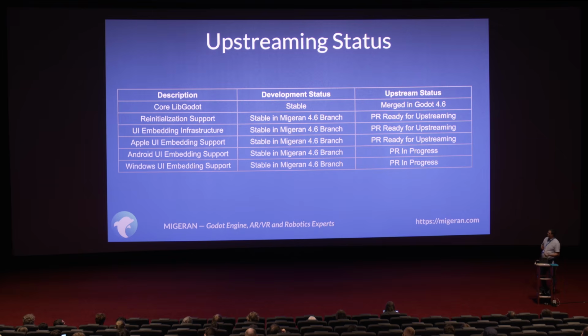These are also ready for upstreaming for the current master branch, and of course these are also stable in the Migeran branches as well. And we also have Android and Windows UI embedding working in the Migeran branches, and we are working on the PRs for these two for the master branch.